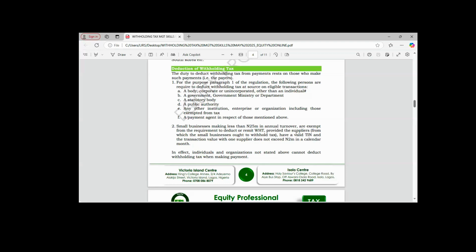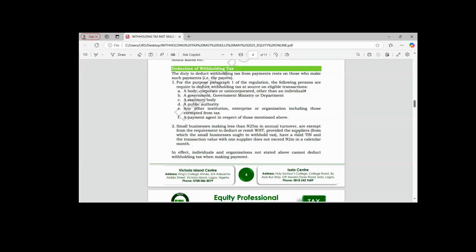Where the supply to that particular person is more than 2 million naira, you are expected to deduct. But where the person does not have a valid TIN number or payer ID, you are also expected to deduct. But where the person has a valid TIN number and the supply in a month is not up to 2 million, you cannot deduct withholding tax.